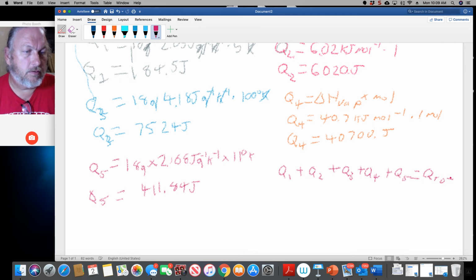So to find Q total and to totally answer this problem, all I've got to do now is just add up my numbers. So I'm going to add 184 from Q1 plus Q2, 6020 joules, plus Q3, 7524 joules, plus 40,700 joules, plus Q5, 411.84.